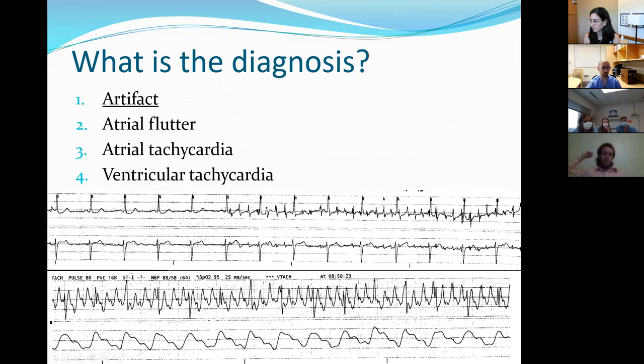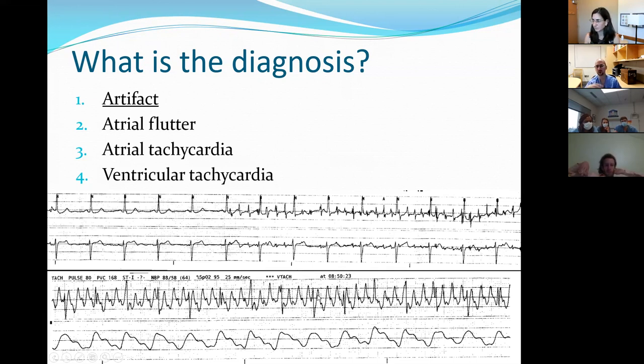On the bottom one here, you have a pulse ox, and your pulse ox is showing a regular waveform at 75 beats a minute or something like that. And it does have some bumps on it, but if you take a step back and you look at the EKG on the top line, there is a QRS complex that is marching through that.